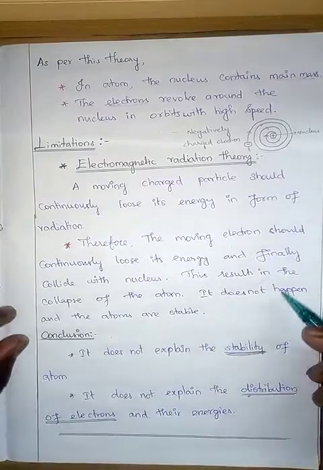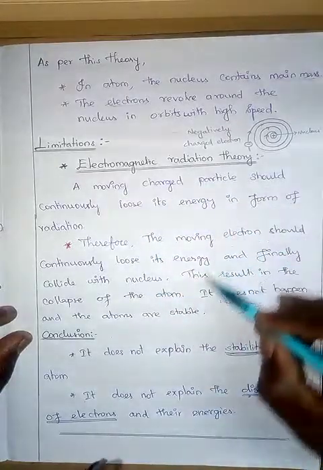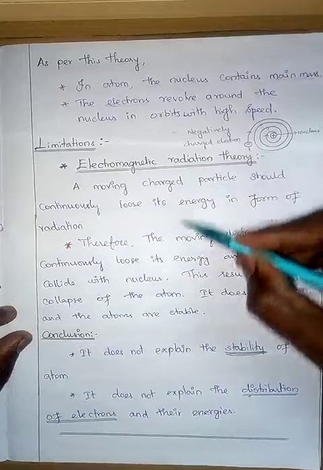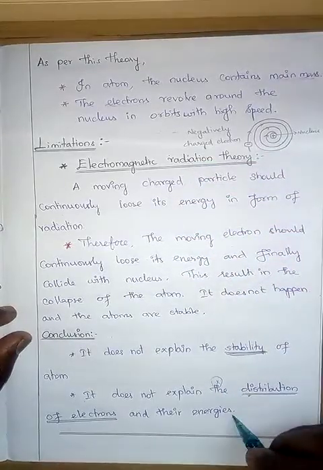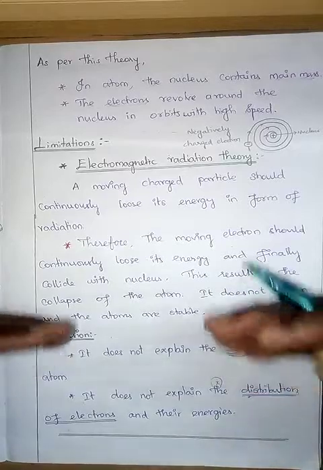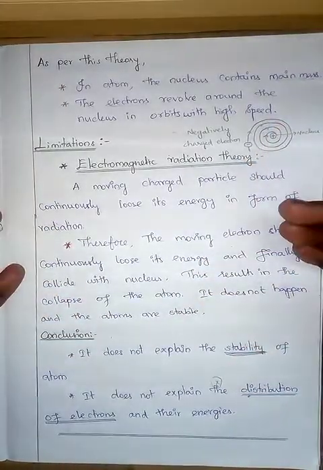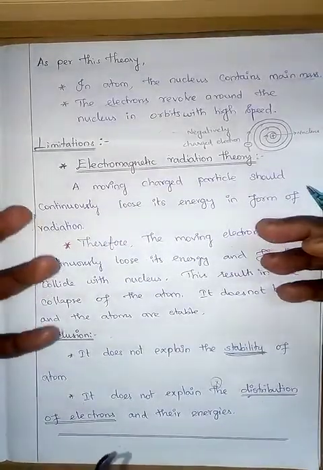What else? The electrons are revolving around the nucleus. How these electrons are distributed around the nucleus, it doesn't talk about, and their energy. If the electrons are present in different levels, what their energy is, what their speed is, this kind of information cannot be provided by Rutherford.